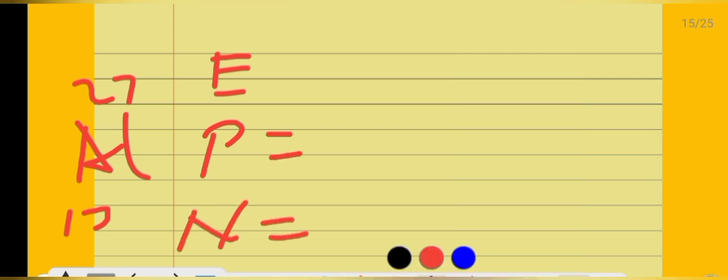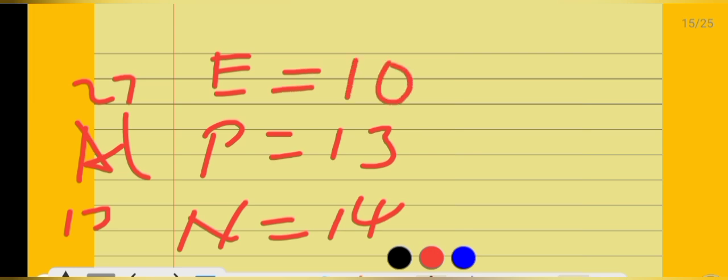Neutrons are going to remain 14 still. Protons are still going to be 13, but electrons are going to be 10. Why? Because it's 13 minus 3, trivalent.